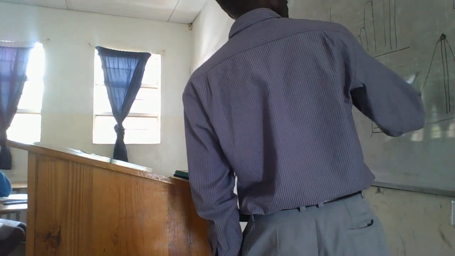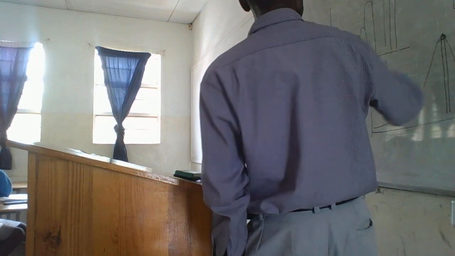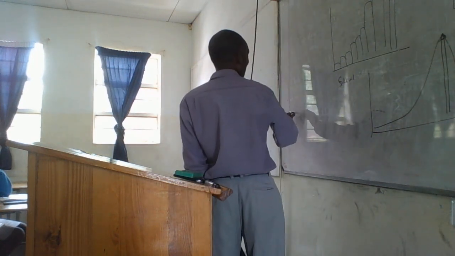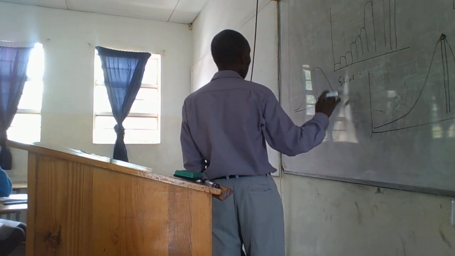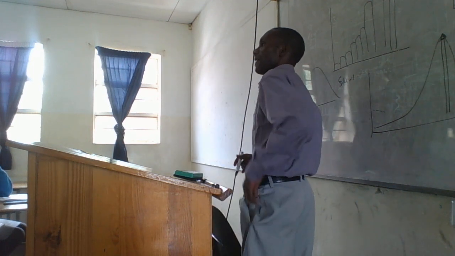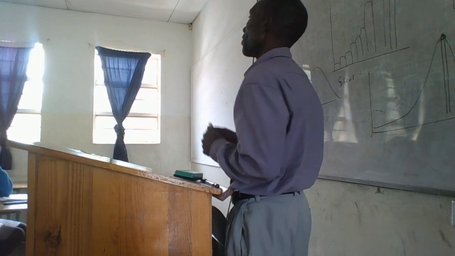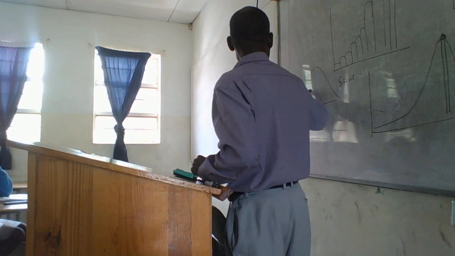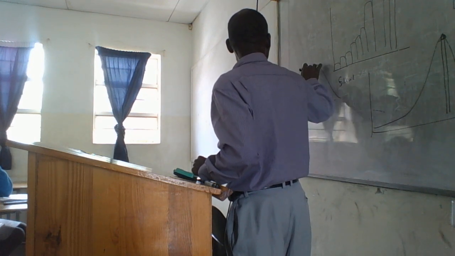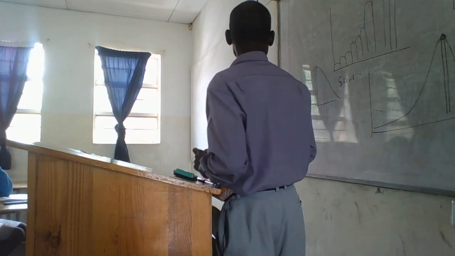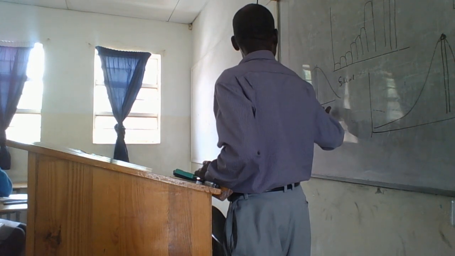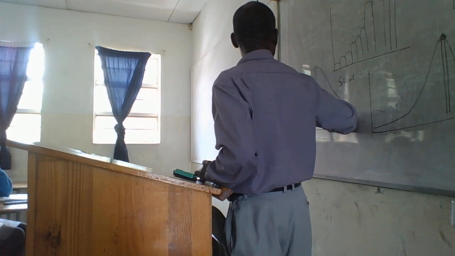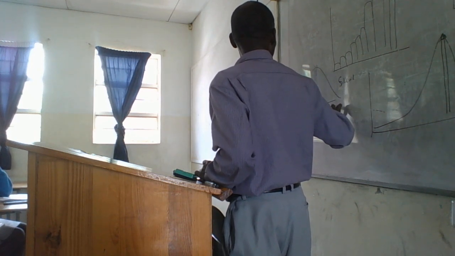And again, there will be other times, instead of skewed to the left or skewed to the right, when this will be normally distributed. When it is normally distributed, it means that boys and girls have performed the same. So there will be a tail like this one. Where you have a tail like this one, that is a normal distribution.